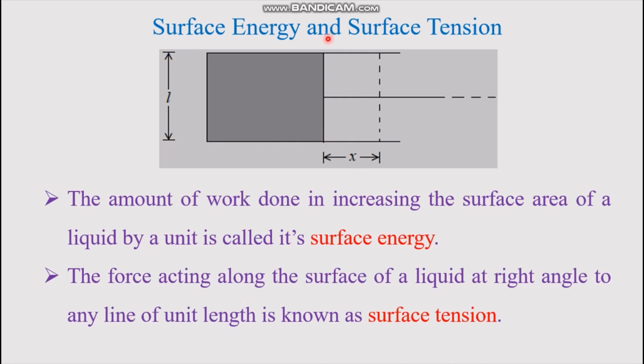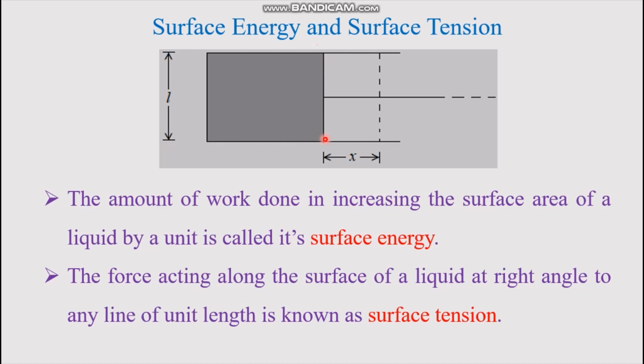So what about surface tension then? Suppose this is the line, and along this line towards the right angle, that means along this direction, from here to here, these are all right angled directions from this line.